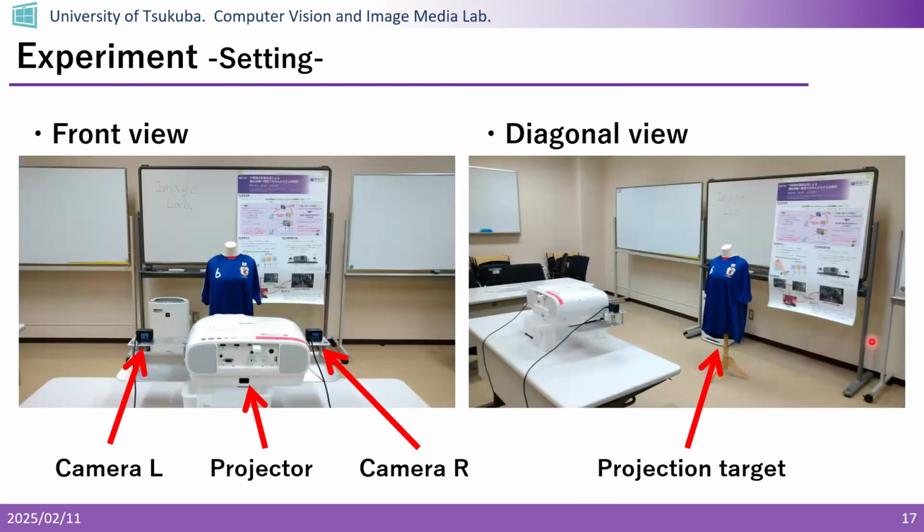Here is how the filming experiment was conducted. The projector camera device was arranged as shown in the photo, and the scene was prepared with a mannequin wearing a blue uniform as a projection target.